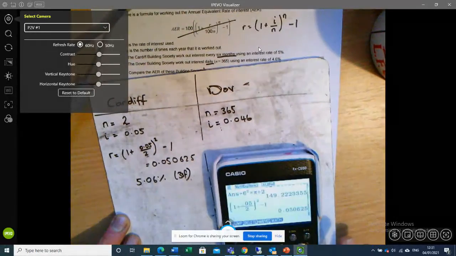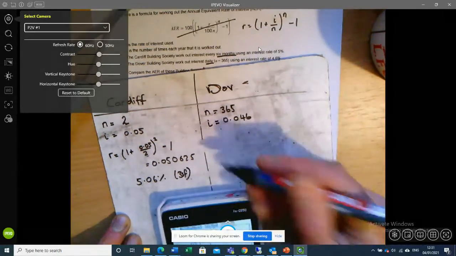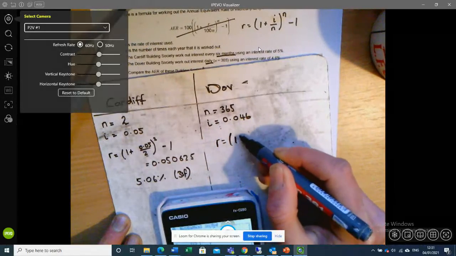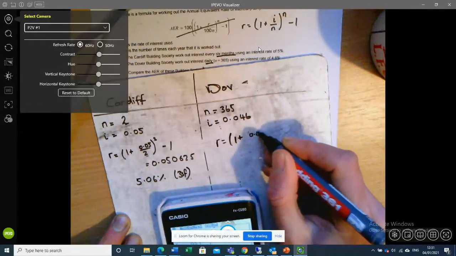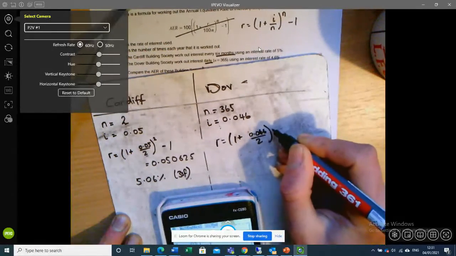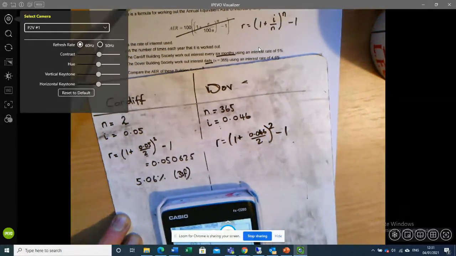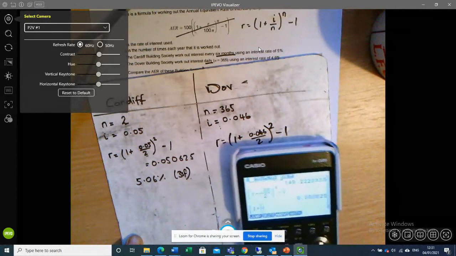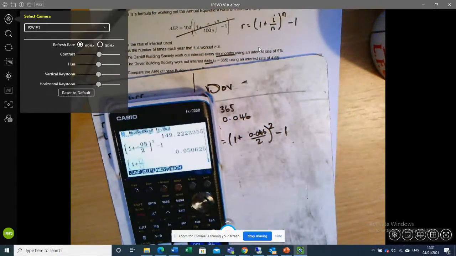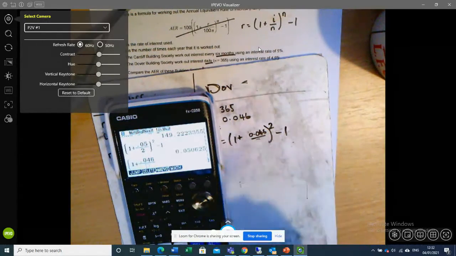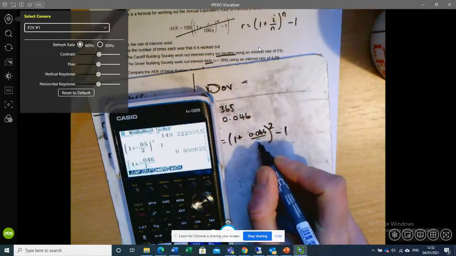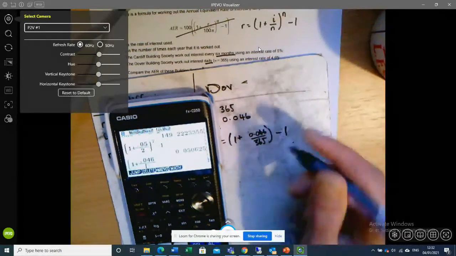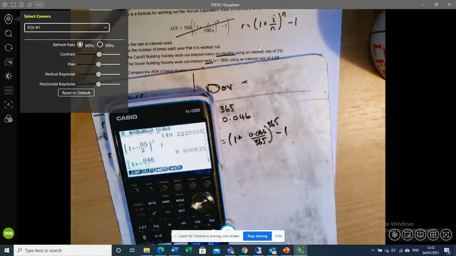So now let's do it for Dover. R is equal to 1 plus 0.046 over 365, to the power of 365, minus 1.